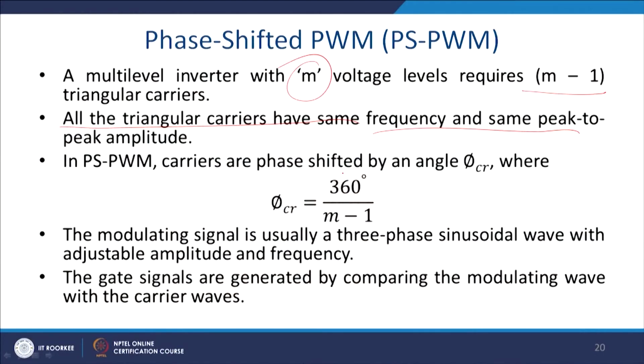In phase shifted PWM carrier, the phase shift is phi CR, where phi CR is 360 by m minus 1.